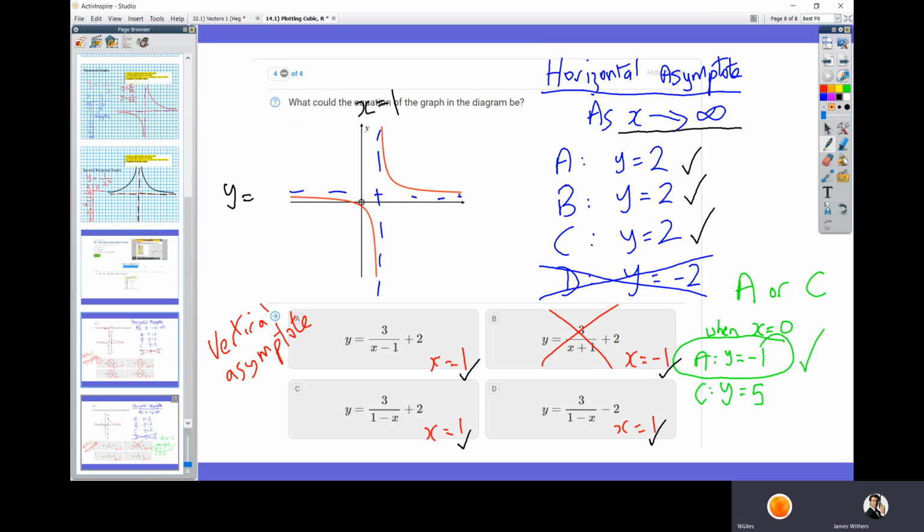And now for D, obviously that first term becomes negligible, but we're then taking away 2 on that occasion. So for part D, we are approaching minus 2. Sure? Yeah. Now I can see that of those options, y is equaling 2 in the diagram. So the only one I can reject at this point is option D, because that's the only one that's got y equaling minus 2.